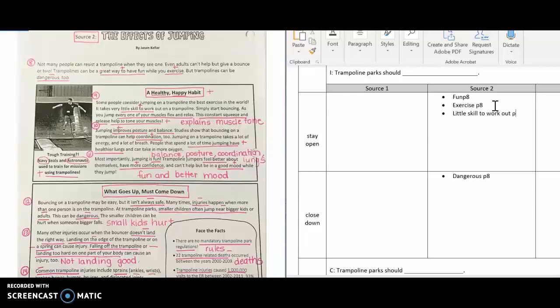And that was from paragraph 9. We then went on to read all this information about your muscles, how they flex and they relax, and then that constant squeeze of your muscle helps to tone your muscles. So let's add that. That's obviously supporting that trampoline parks should stay open. Tone your muscles. Paragraph 9.